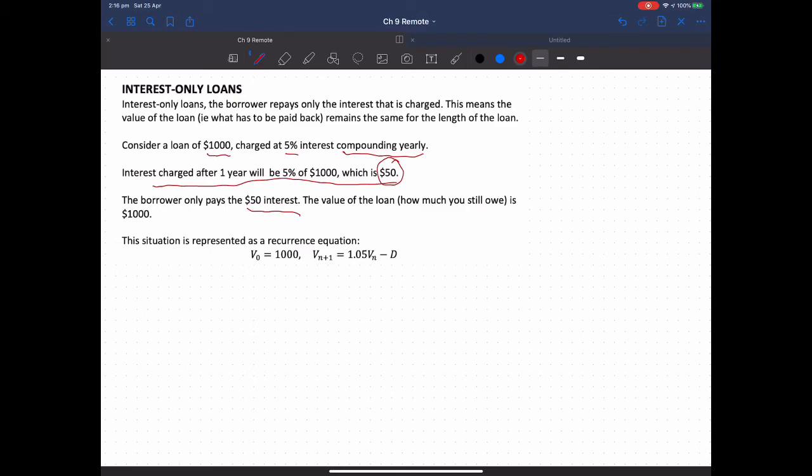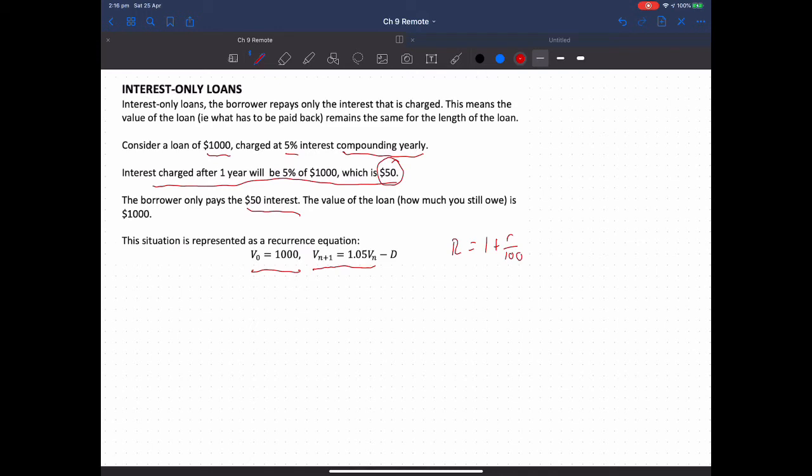So if we were going to write this as a recurrence relation, then V0 is the 1,000. Vn plus 1 equals 1.05 times Vn. Remember, R is equal to 1 plus little r on 100.